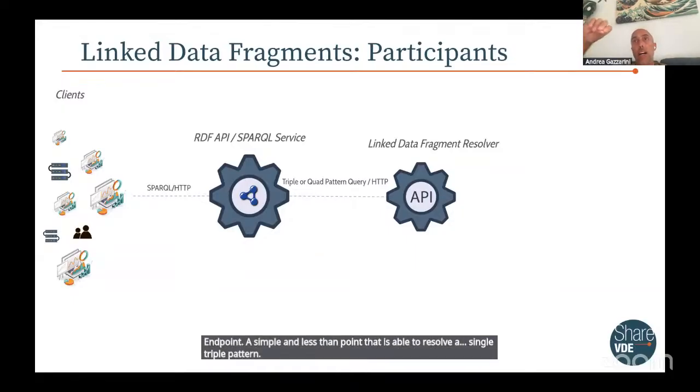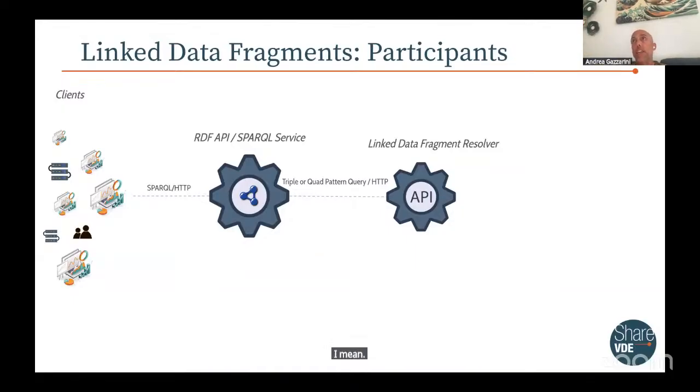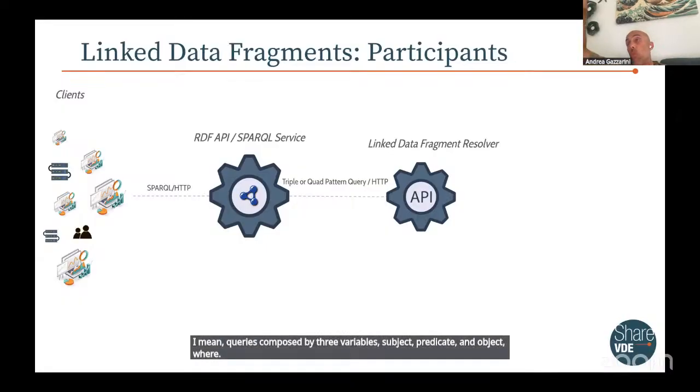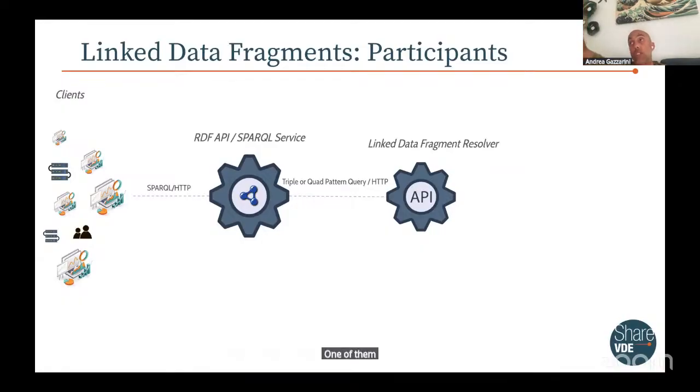I mean, a query composed by three variables, subject, predicate, and object, where one of them, two of them, or even three can be variables.